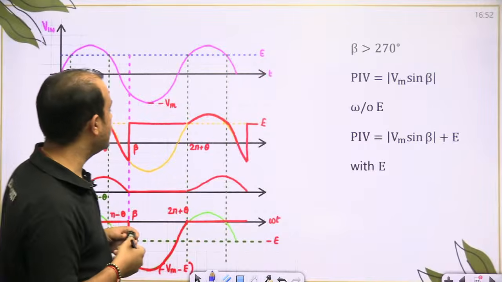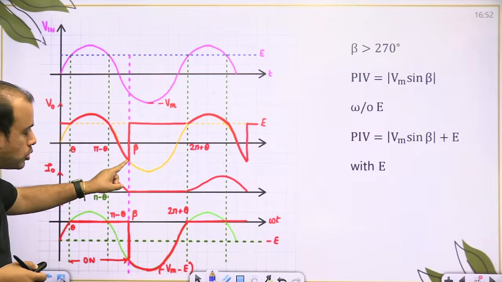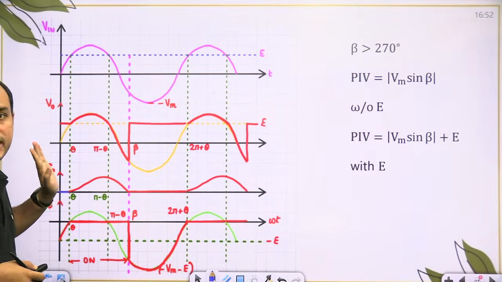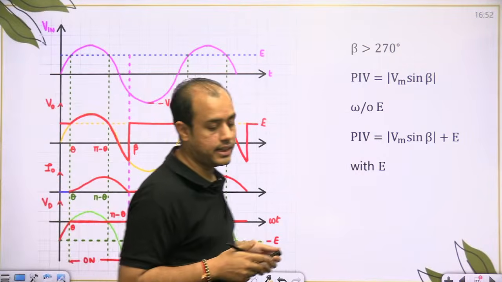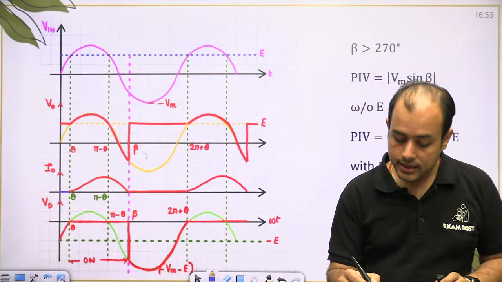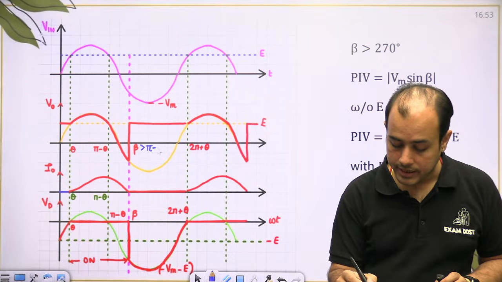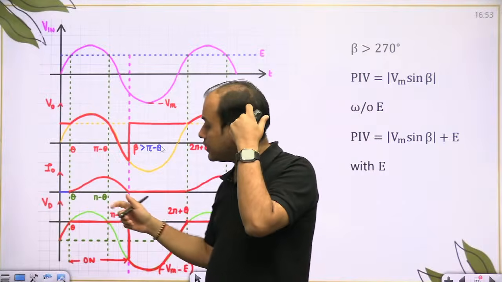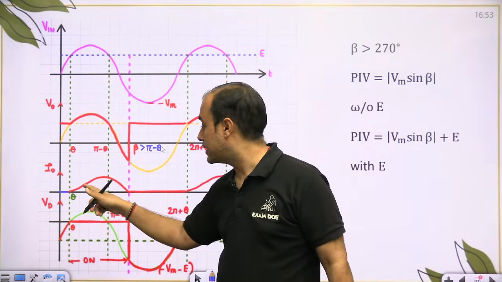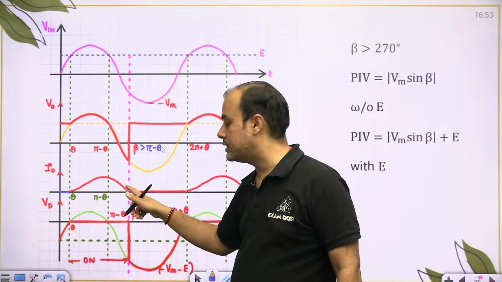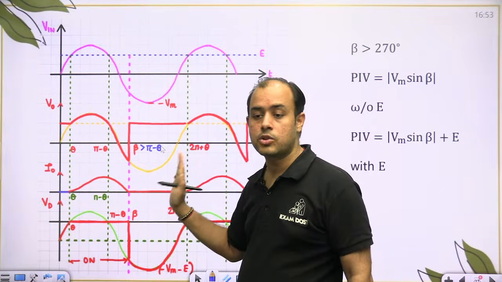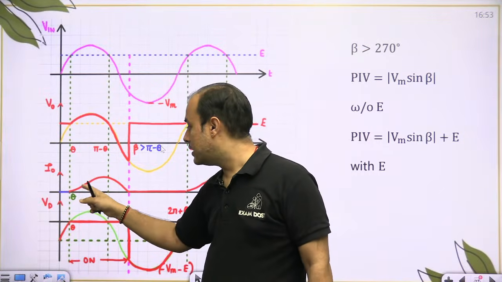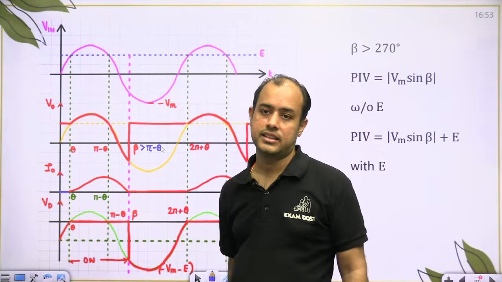So now beta, my conduction goes up to beta, which is above pi minus theta. ठीक है, मेरा जो बीटा है that will be above pi minus theta. Okay, so now beta, the current waveform because of inductor, gradually it is increasing then decreasing. इंडक्टर आता है तो वेवफॉर्म ऐसी इरेगुलर हो जाती है ना, धीरे धीरे बढ़ता है फिर गिरता है.